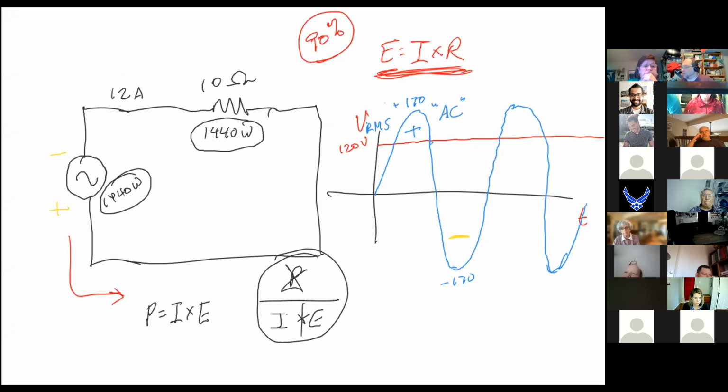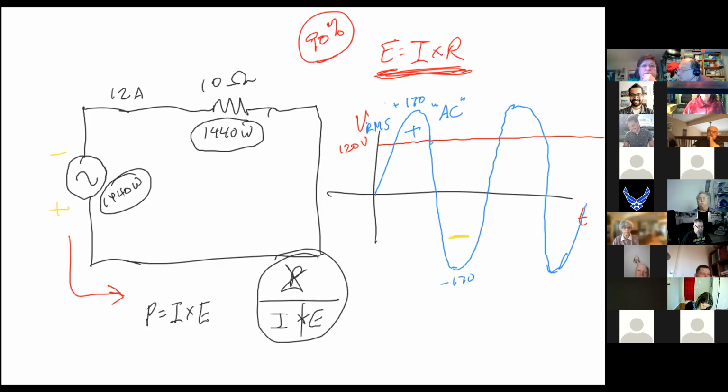Now, the important thing is, does the resistor care? No. The resistor doesn't care which way the voltage or the current is flowing. So as far as the resistor is concerned, the power still gets there.